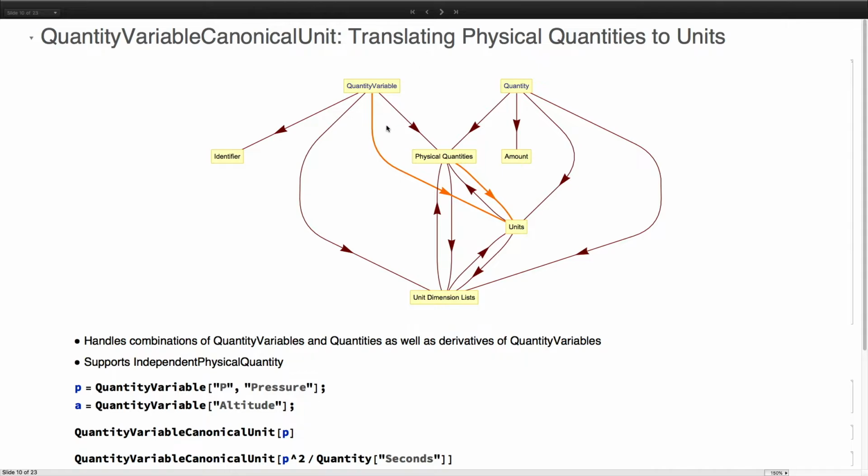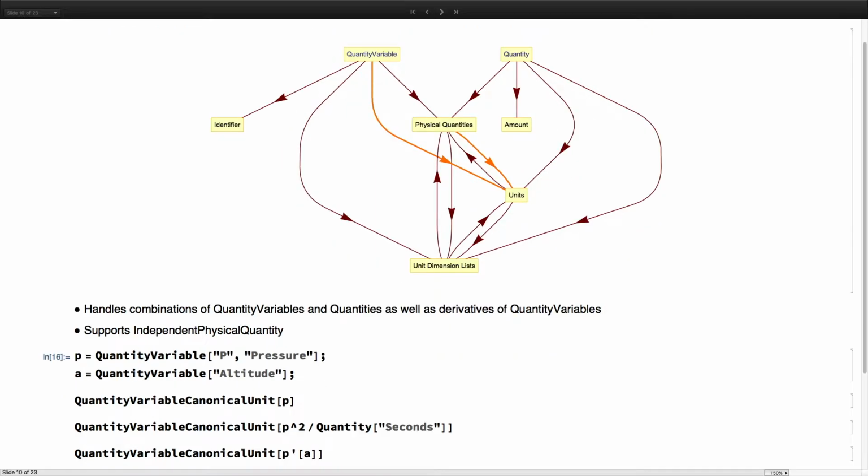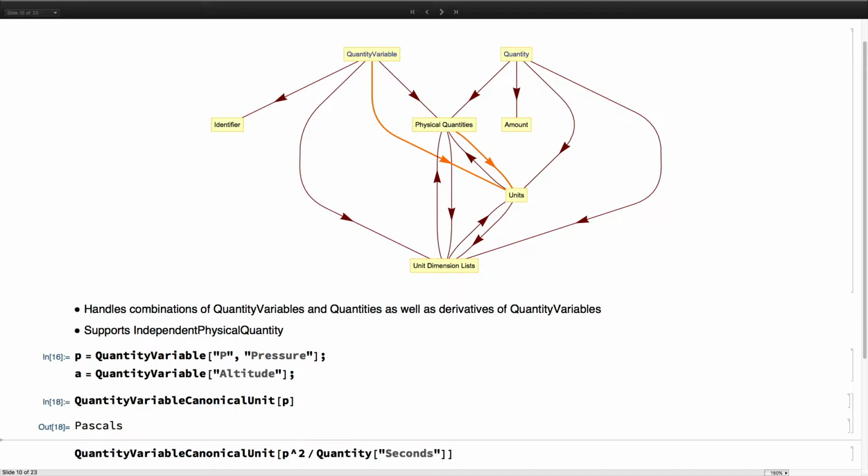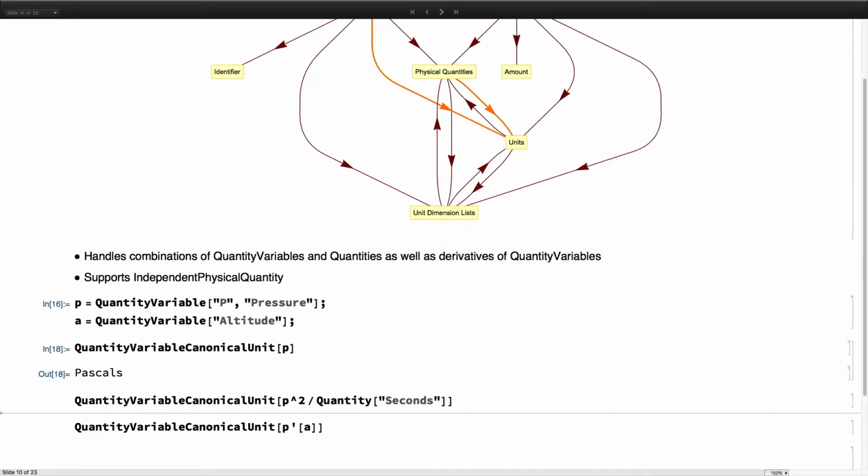Now, this next example, unfortunately, will not work on my laptop, but it will work on the conference build. It is in version 12, and that is QuantityVariableCanonicalUnit. That finds the canonical unit for a quantity variable. And in version 12, that will work on the exact same things as QuantityVariableDimensions. So you'll be able to do combinations of quantity variables and also derivatives.